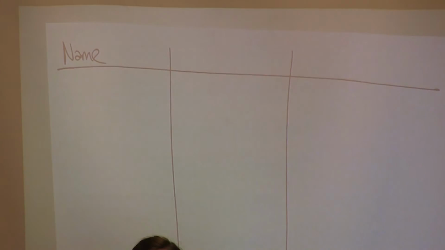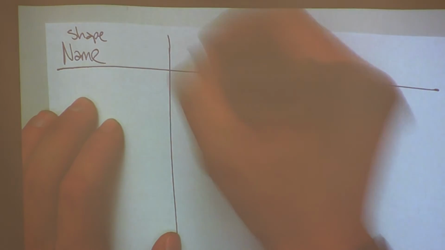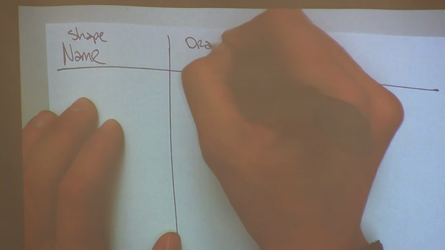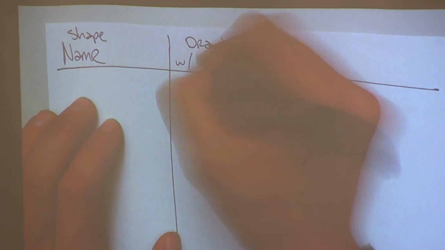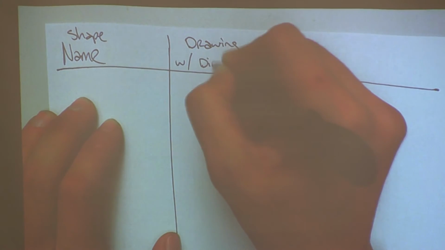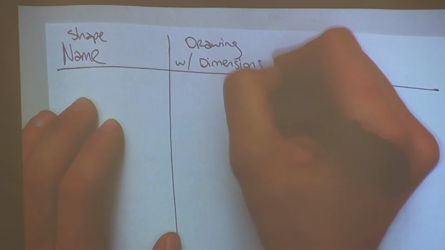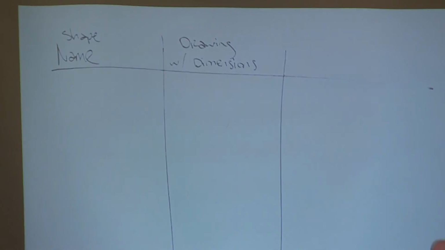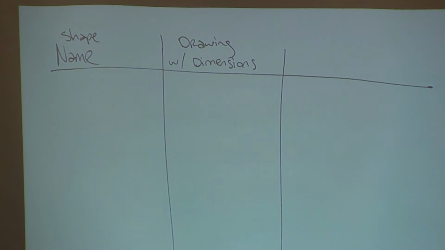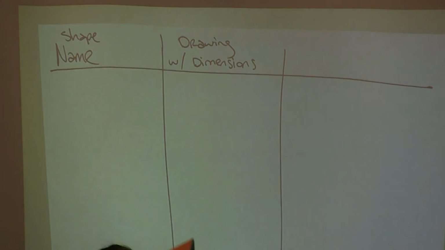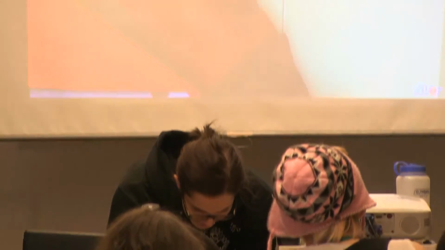Okay, name. I guess of the shape. Shape name. Drawing. Cone dimensions. That was for you. Drawing with dimensions. Example, like if I was drawing this thing, this is a tetrahedra, but you don't have one of those.